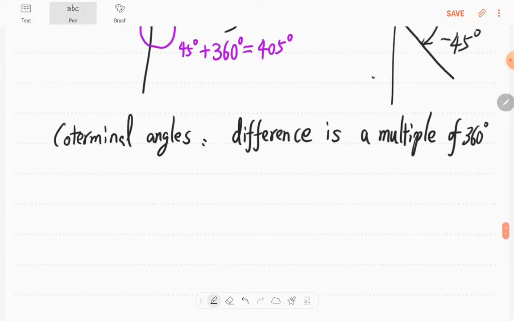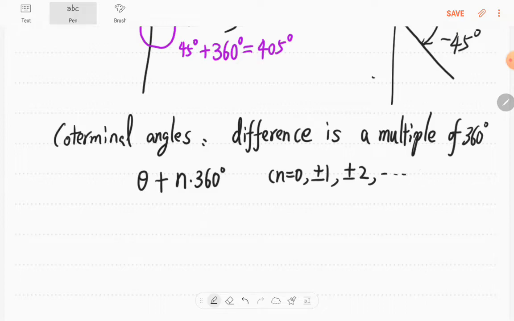So in other words, if you have a theta, you plus a multiple of 360 degrees. So you have n times 360 degrees. Then these are the coterminal angles. So here n could be 0, could be plus or minus 1, plus or minus 2, and so on, right? All the integers.